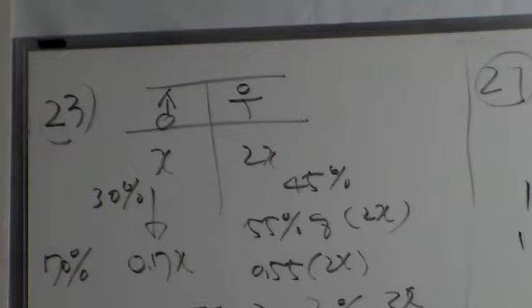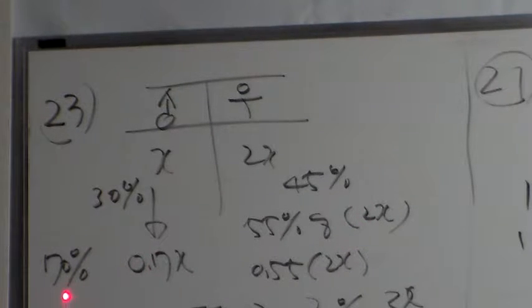Okay, example 23. If the boys are X, then the girls are 2 times X, double. Then 30% of the boys handed in, and 45% of the girls handed in, so 70% of the boys have not submitted yet, and 50% not yet of 2X.